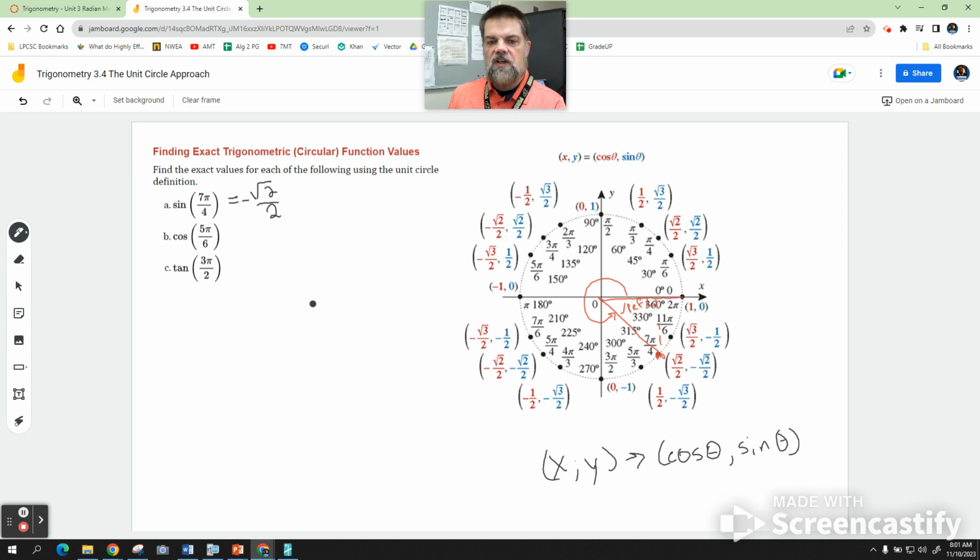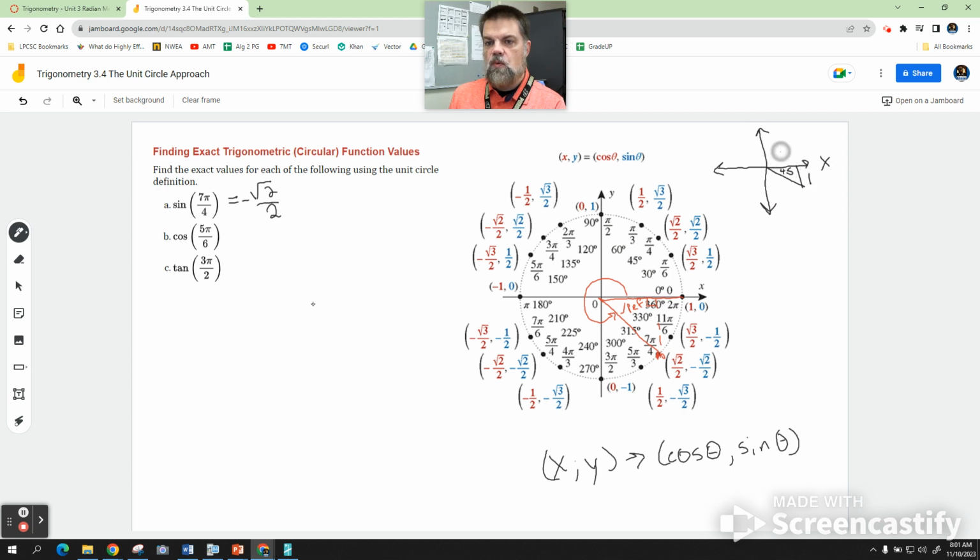Now, one way to look at that is I know that this is a 45-45, right? So in my mind, I could go, okay, my reference angle is 45.